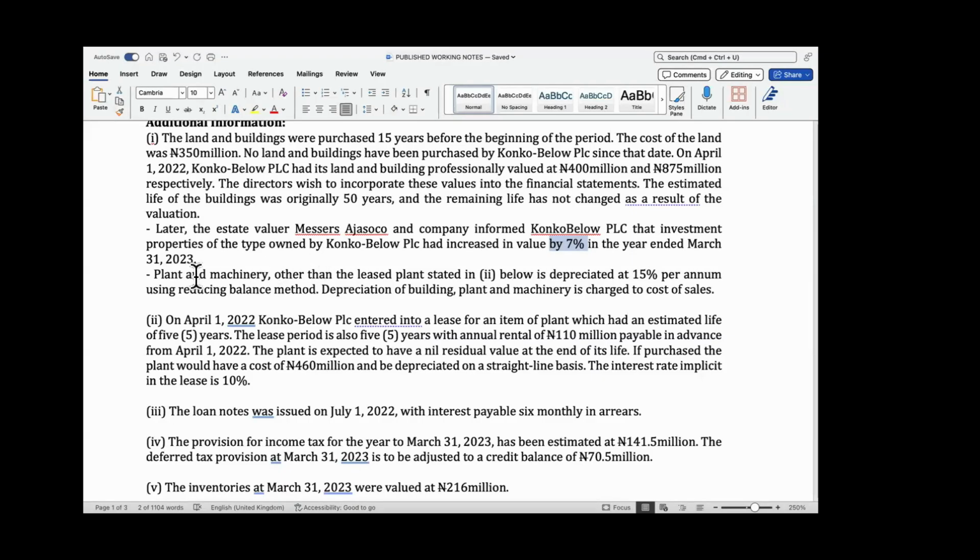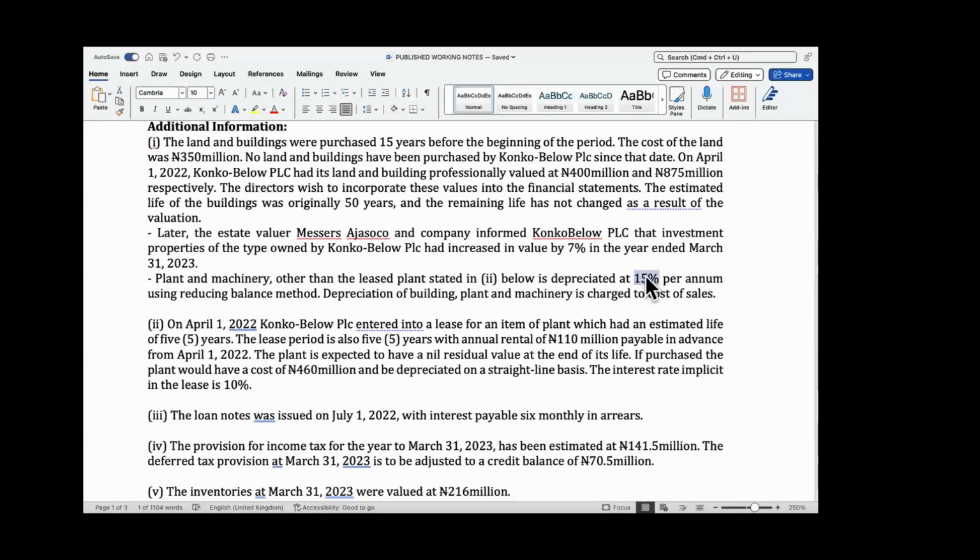No acquisition, no revaluation, no disposal. It makes our life easy. All we need to do is just calculate depreciation, and depreciation is calculated at 15%, reducing balance basis.